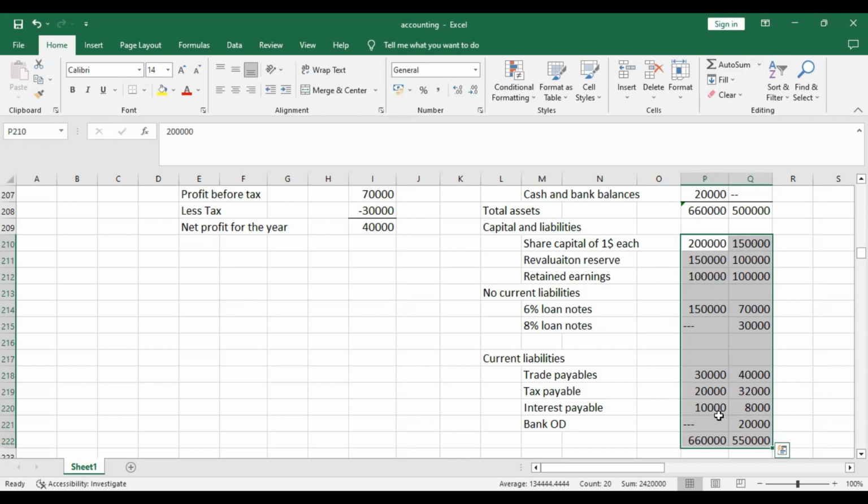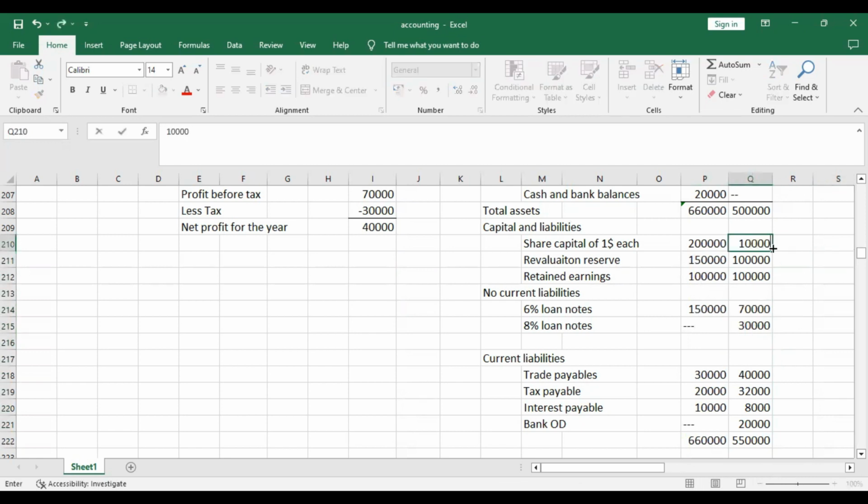So 350, 450, 450, 100, 550. So we can reduce the capital by 1 lakh. So the balance sheet agrees.